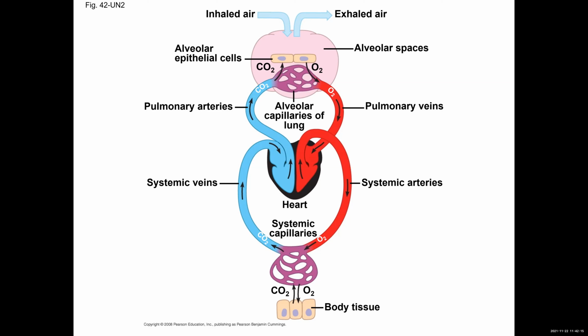Same thing in the lung or in the gill, we have that surface, that place where those gas molecules actually have to go through a cell membrane. This is going to happen by diffusion. We do not have a way to pump carbon dioxide or oxygen across the cell membrane. We're going to have a watery solution on both sides of that cell membrane, and they're going to go down their concentration gradients.